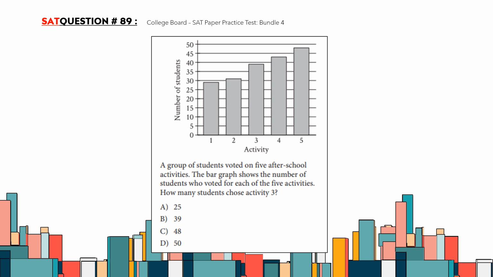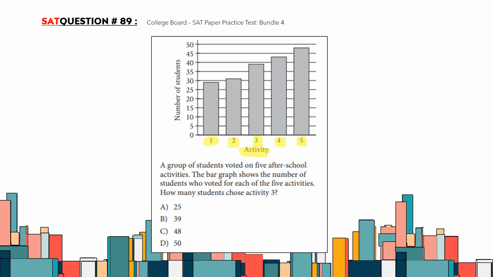So first of all, we have to understand what the horizontal axis stands for, and what the vertical axis stands for. This is 1, 2, 3 horizontally up to 5. That is the activity name.